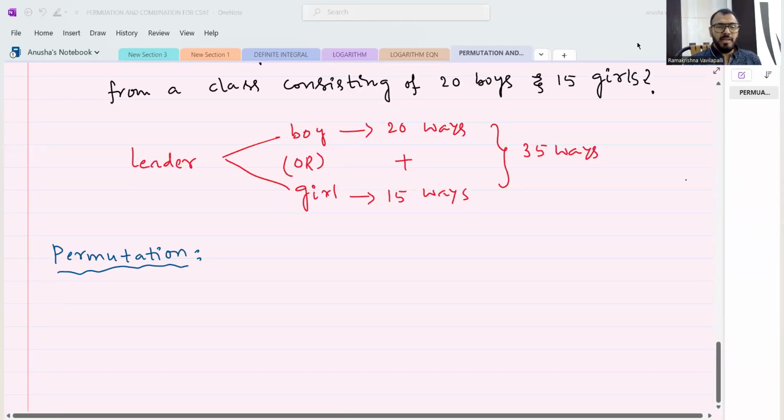Well, what is meant by a permutation? We will use those multiplication and addition rules to solve any kind of question regarding permutation and combination. What is meant by a permutation? It is nothing but arrangement of objects.